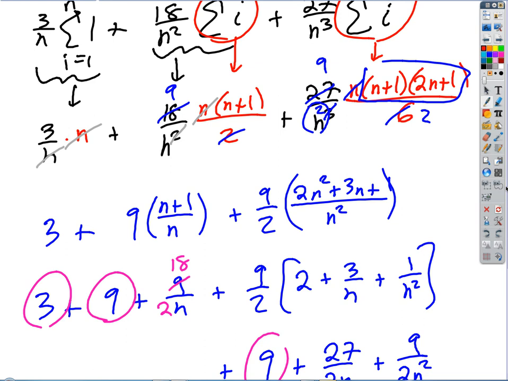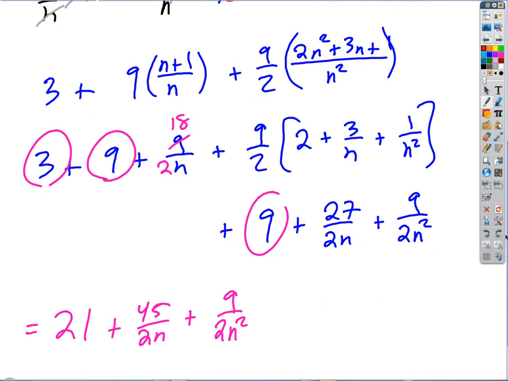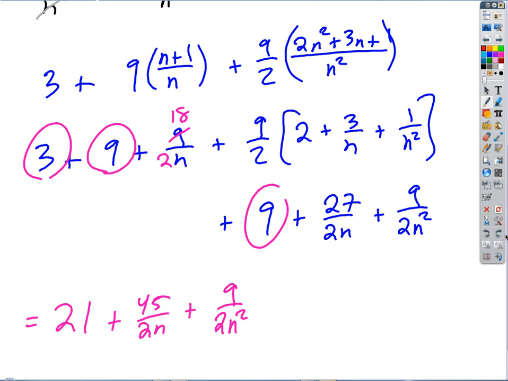So all we really had to do in this problem was get down to this point right here where I reduced the fractions. So I had constants and constants divided by some power of n. And then if I had just taken the limit right here, I could have seen that this term would have gone to 0. That term would have gone to 0. That term would have gone to 0.